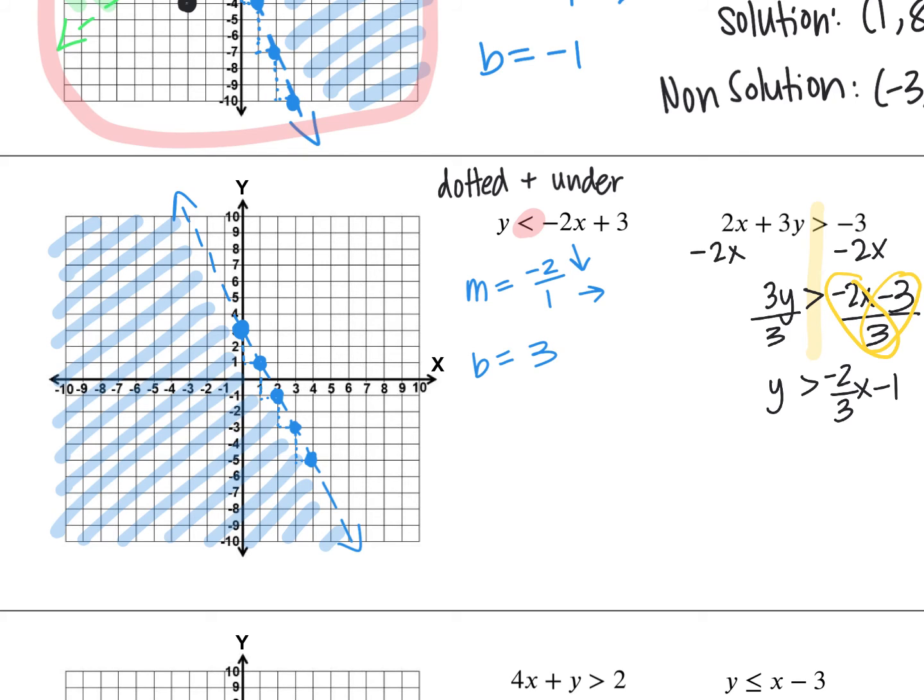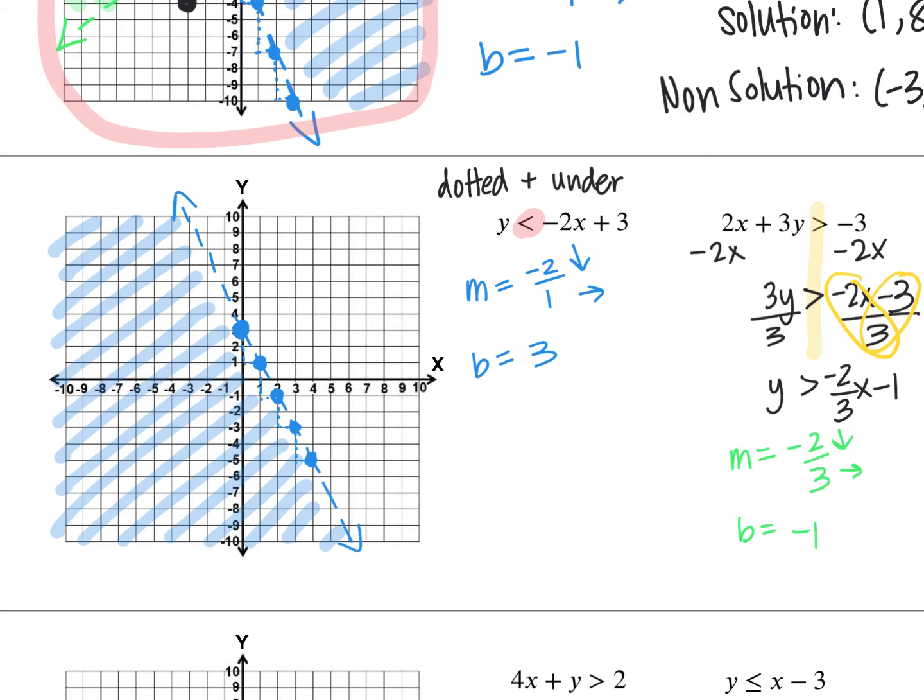So let's look at our slope here, which is negative 2 over 3. The direction it's moving, since we have a negative 2, is down 2 to the right 3. And our b value, which is our y-intercept, is negative 1. So now we can put this on the graph.